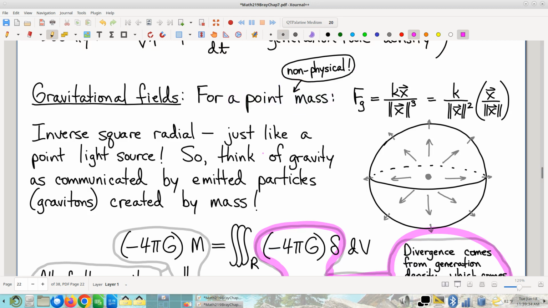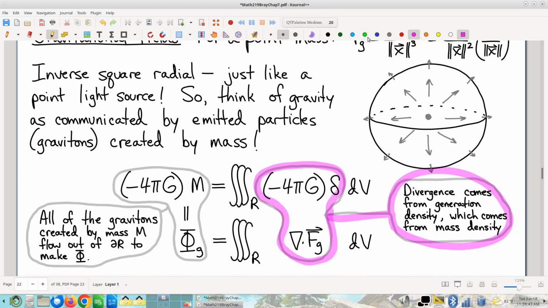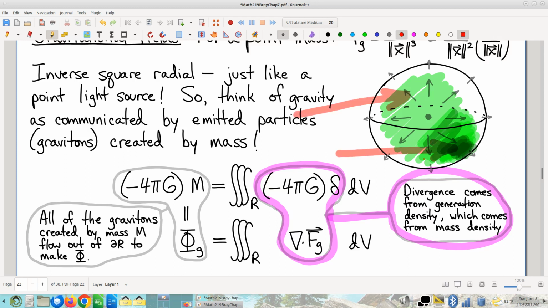Also, this assumes you have only a single point of mass. If you have something much more complicated, in other words, a realistic scenario where mass is distributed, perhaps with differing densities, maybe it's got more density the further you get over to this edge, something like that, then the density there is very different from the density there.